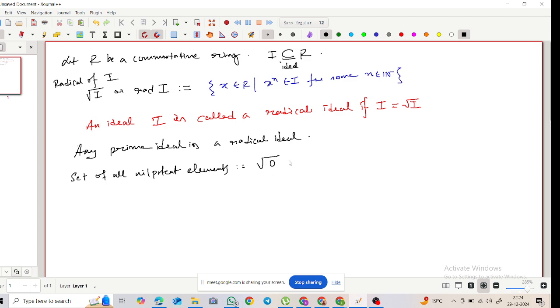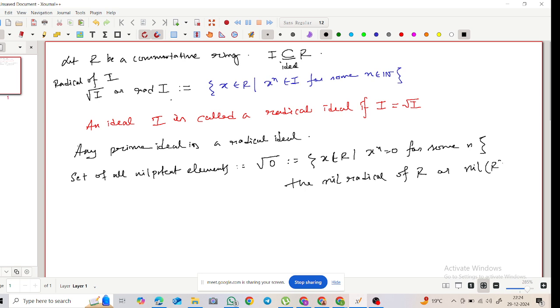According to this definition, root 0 is all those x belonging to R such that x to the power n is 0 for some n. So this is called the nil radical of R, or nil R. Sometimes they denote it by this, sometimes by this.